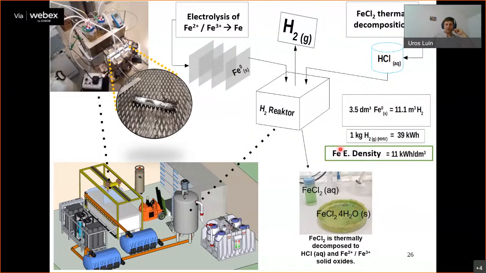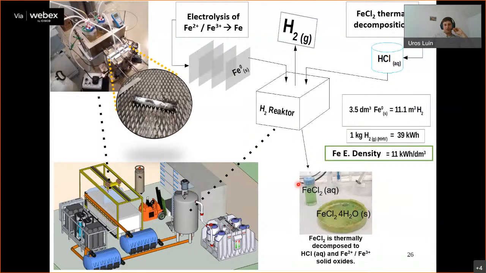And 1 kilogram of hydrogen is equal to 39 kilowatt hours of energy. And if you do this simple math, you will come out with energy density of 11 kilowatt hours per liter. So this is something equal to oil, and it's 10 times bigger than pressurized hydrogen gas.